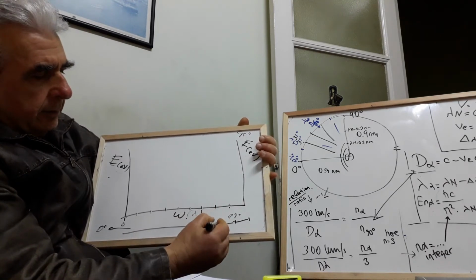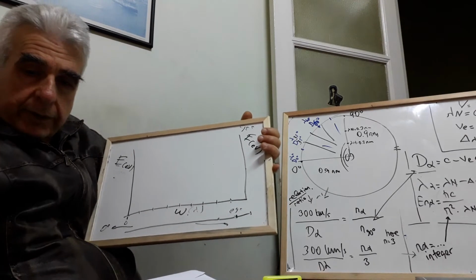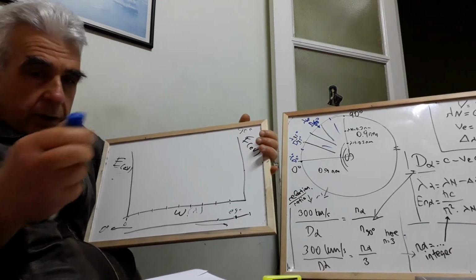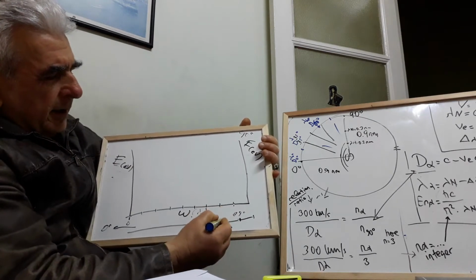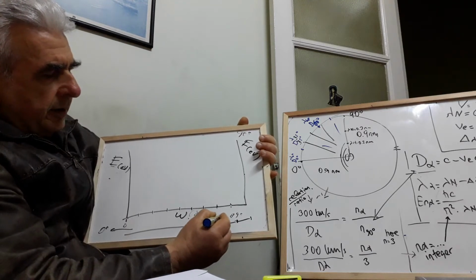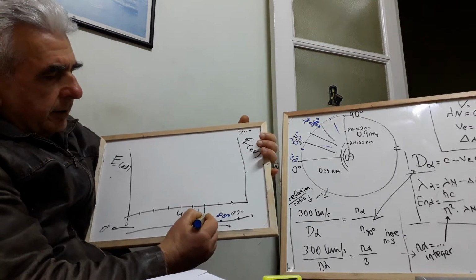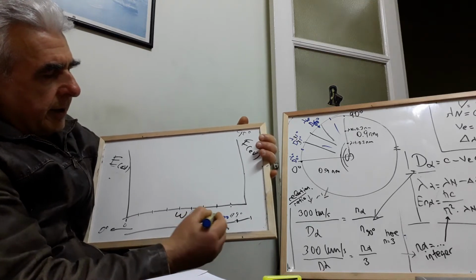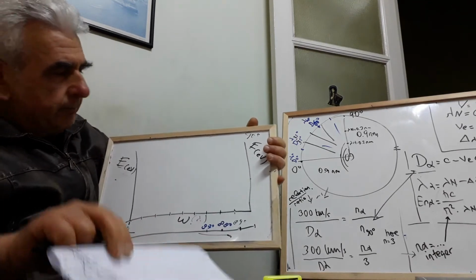And here, I will go on with that. Another wavelength point, 88 degrees, 87 degrees, projection.